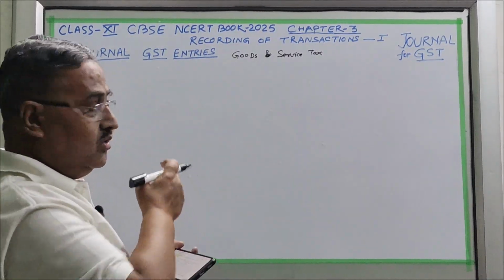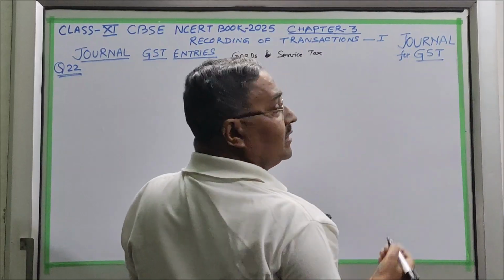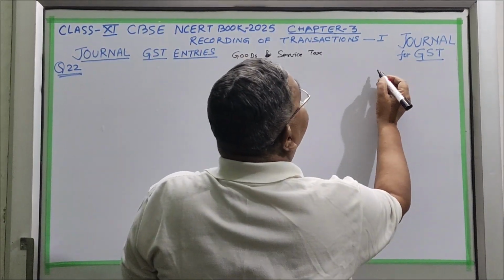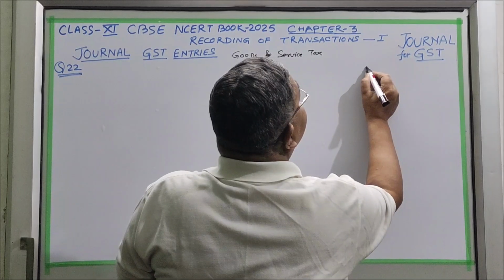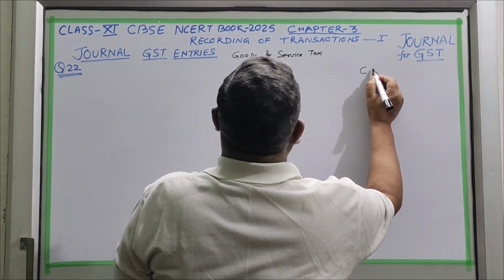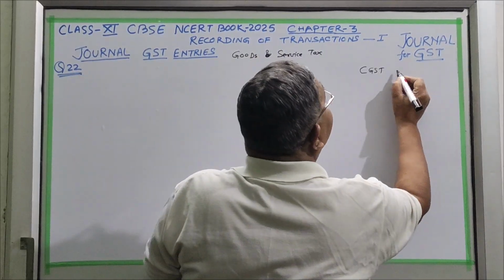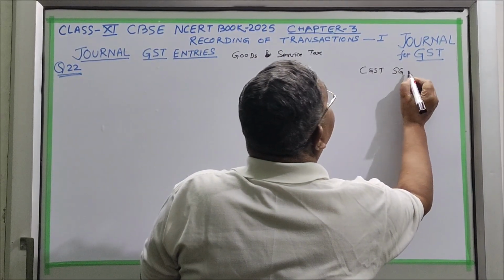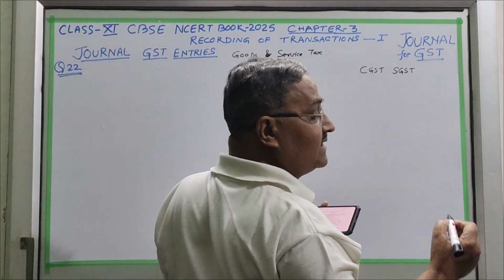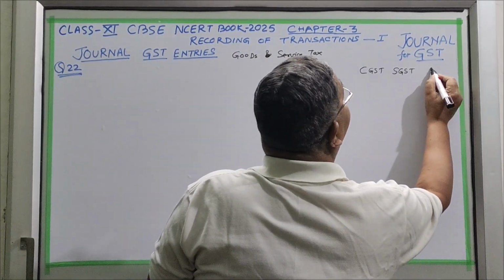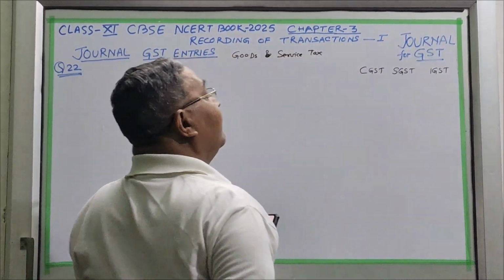Before going to the entries, we will just discuss GST. We have two types of GST: one is central GST, and the other is state GST, and another one is interstate GST, IGST.